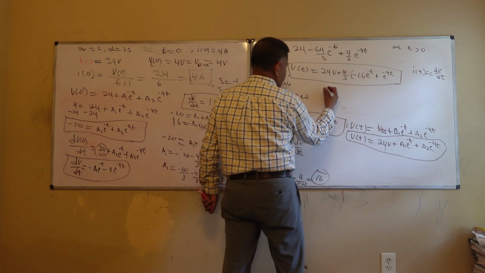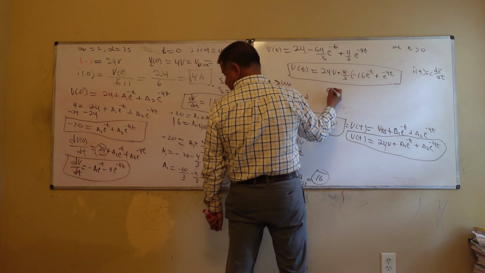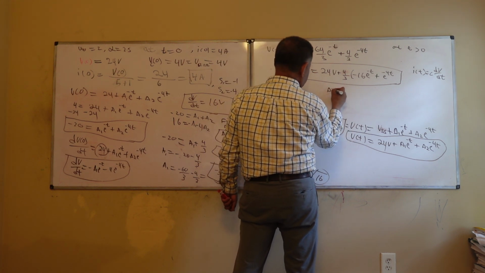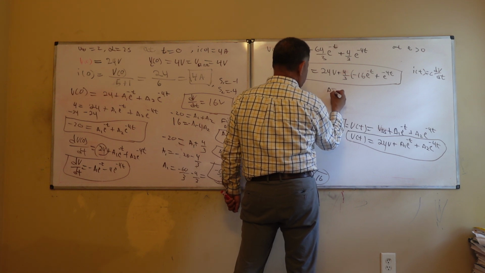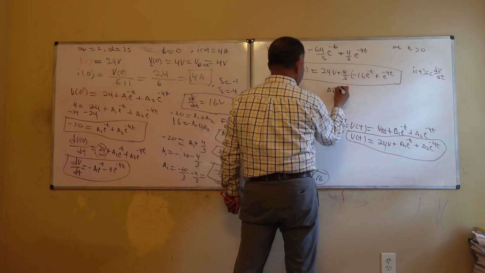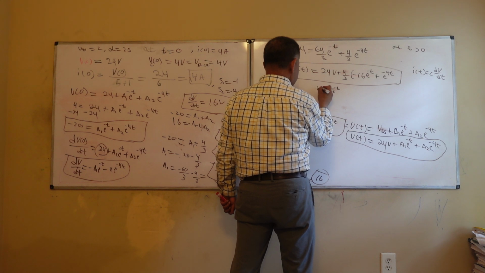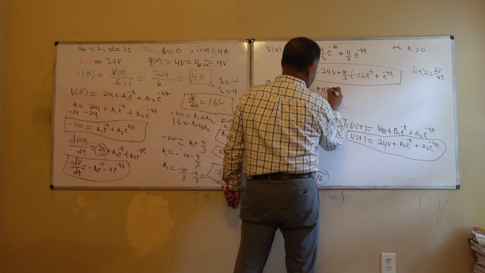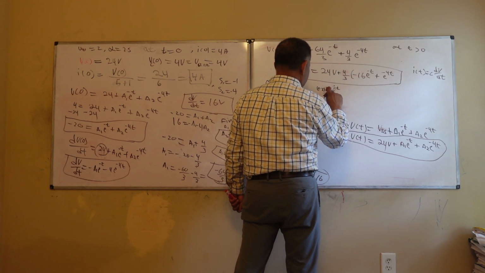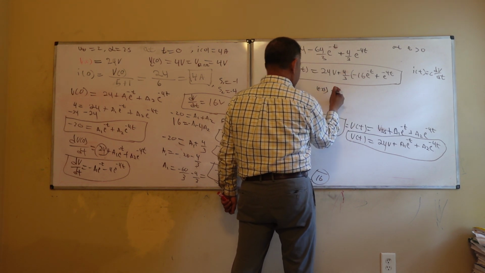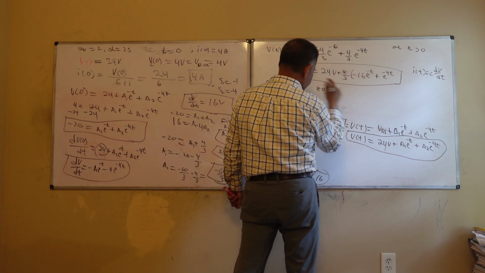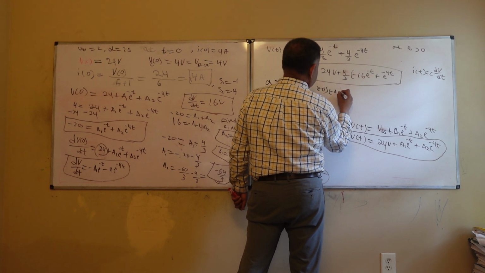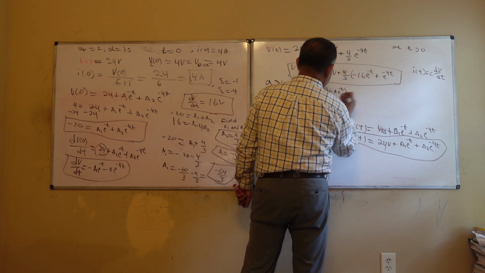A1, right? A1 e to the t times 0.25, right? And then, obviously, okay, so let me just put this. A1 is a negative, right? It's negative. So e to the t, right?